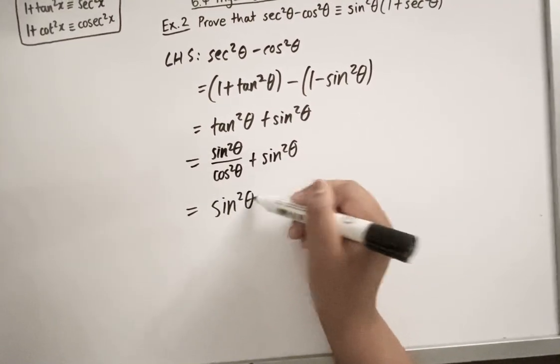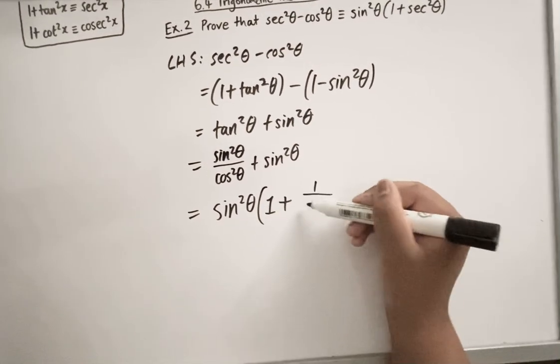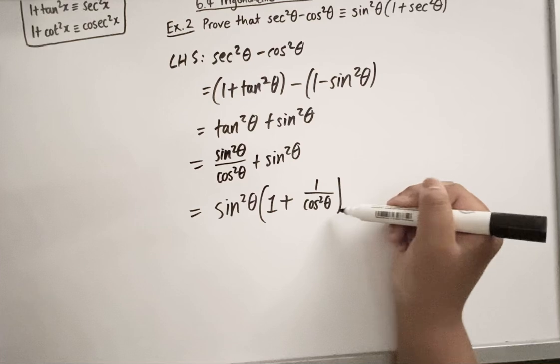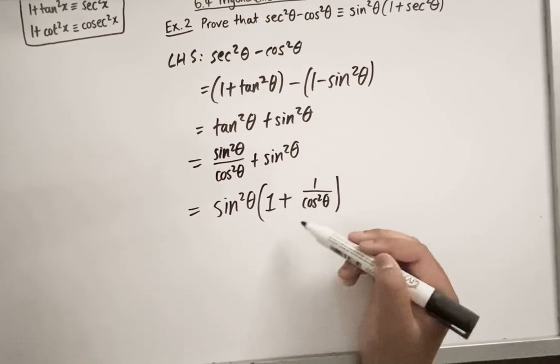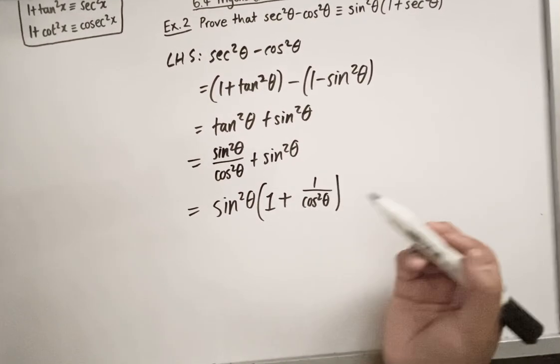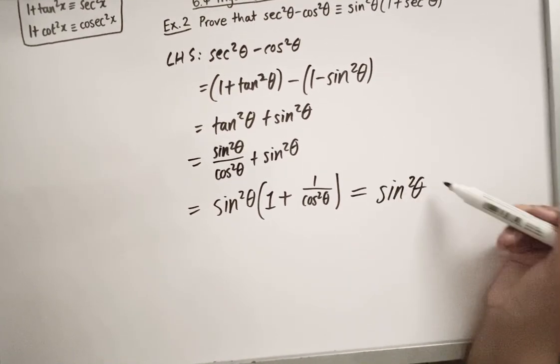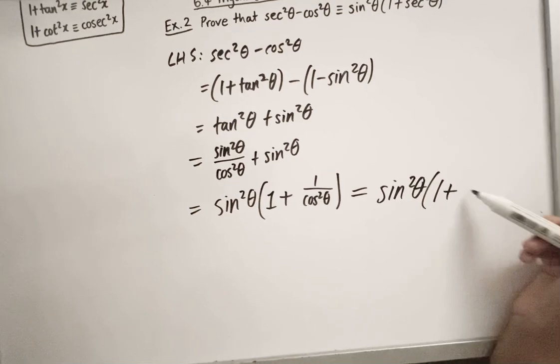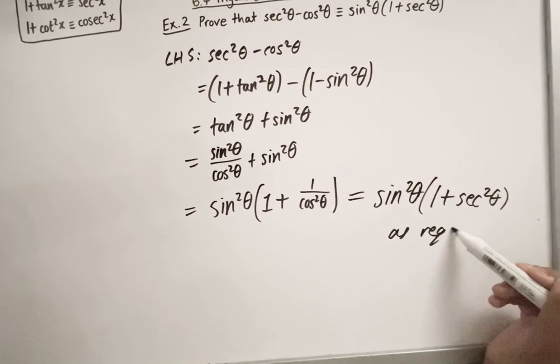So we can get sine squared theta multiplied by 1 plus 1 over cos squared theta. And we know 1 over cos squared theta is the same thing as 1 over cos theta squared. 1 over cos theta is sec theta. So this is sine squared theta multiplied by 1 plus sec squared theta as required.